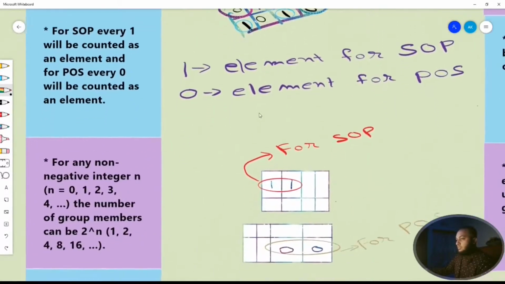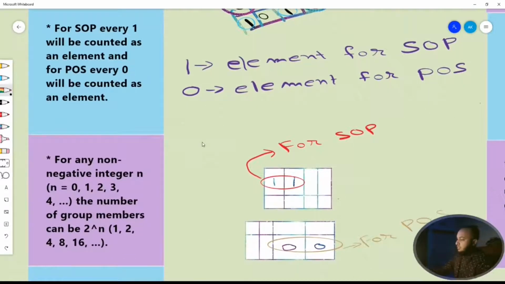Let's go to the third point. We need to form groups for the K-map, and the number of group members can be 2 to the power n, where n is a non-negative integer, that means 0, 1, 2, 3 and so on.